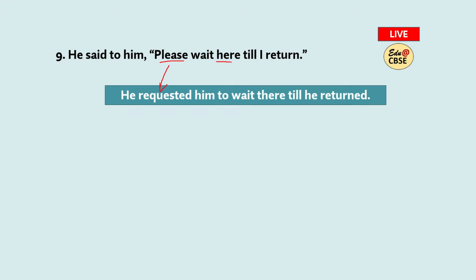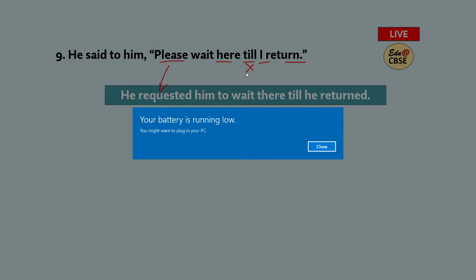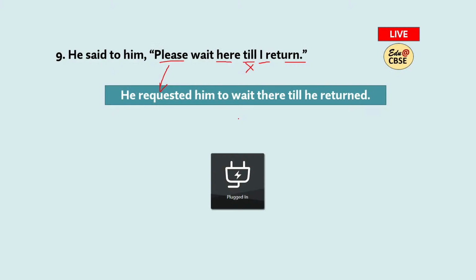So here you are going to change here, and then you have to change return. Till will not change into until. Till doesn't change into until. So you have to remember the rules. So the sentence becomes, he requested him to wait there till he returned.